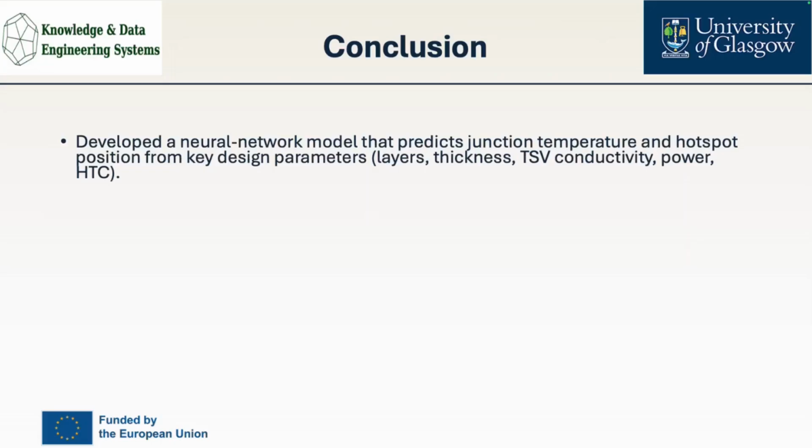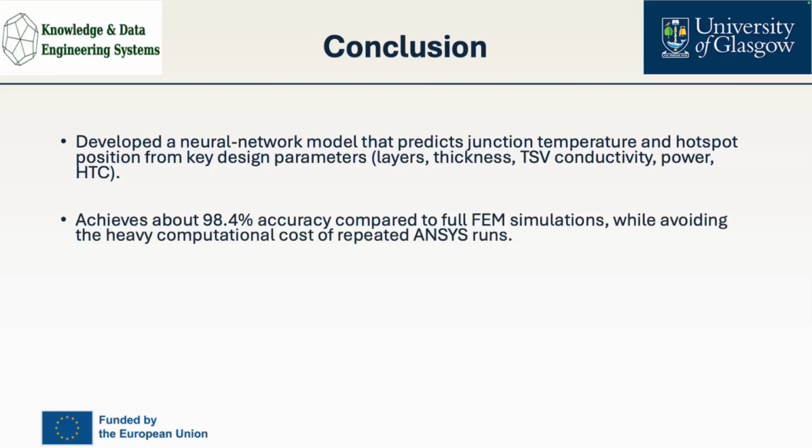In general, we can build a data-driven neural network model to predict the junction temperature and the hotspot position from key design parameters like layer thickness, TSV conductivity, and power HTC.